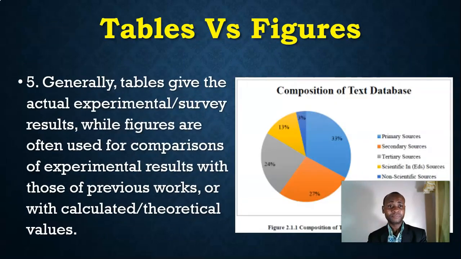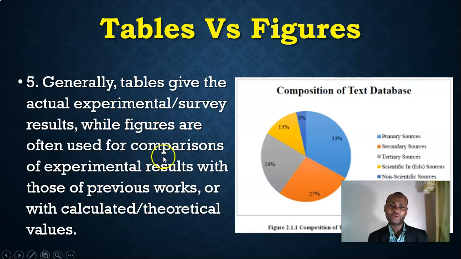Okay, now let's try to compare tables with figures. Generally, tables give the actual experimental or survey results. However, the figures are used for comparison of experimental results with those of previous works or with calculated or theoretical values.